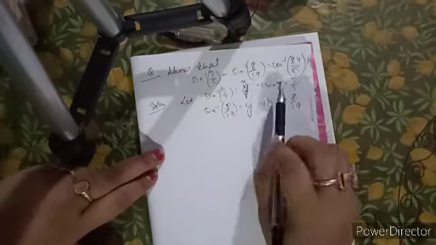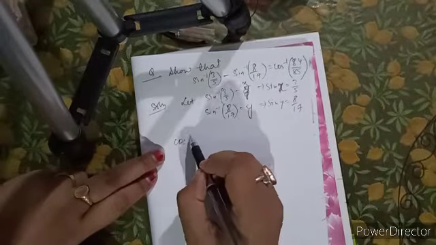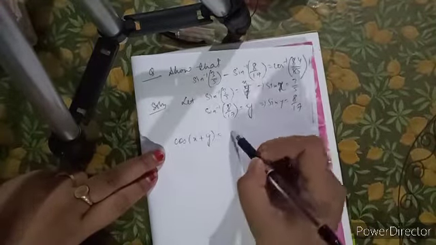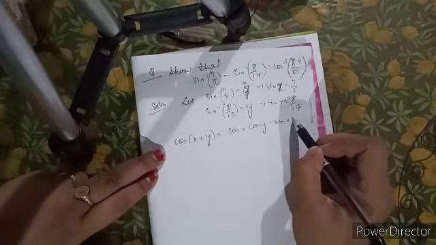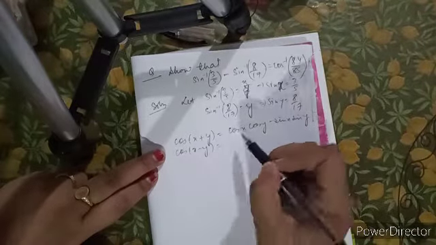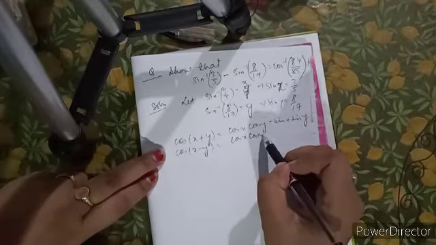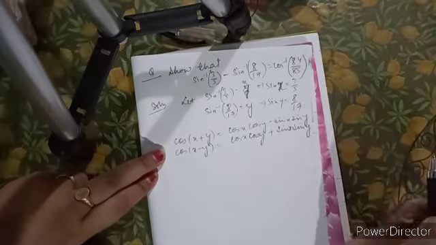Now you have to convert into what? Cos function. As we all know, in class 11 you have two formulas: cos A plus B equals cos A cos B minus sin A sin B, is it not? And cos x minus y equals cos x cos y plus sin x sin y.